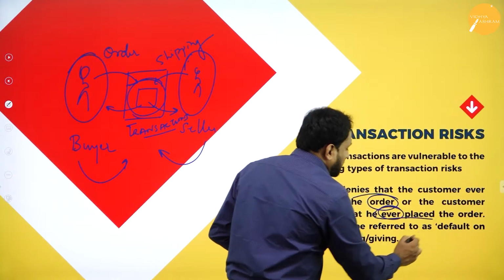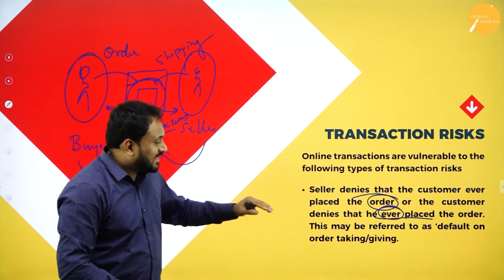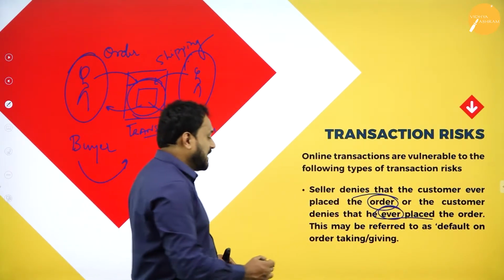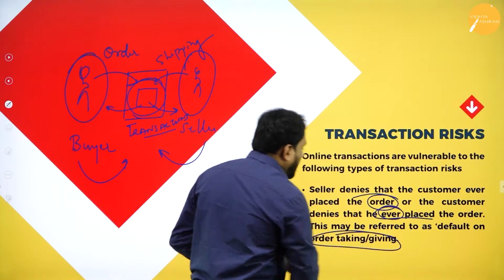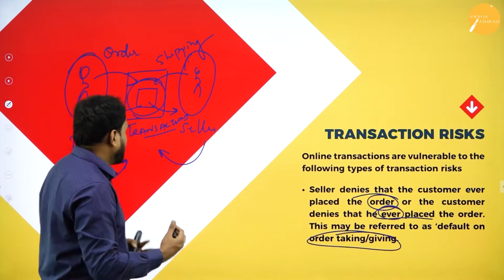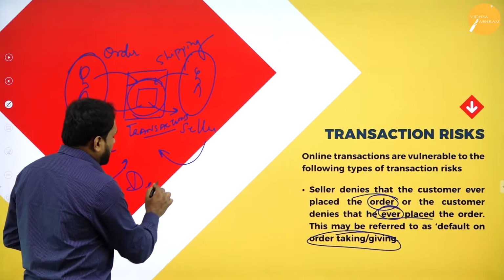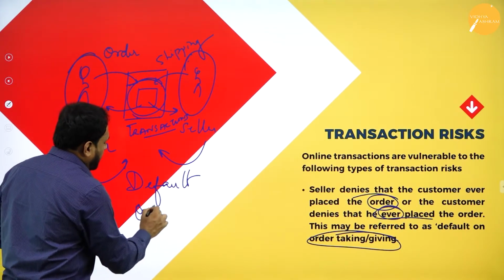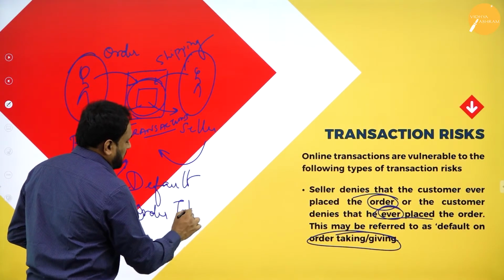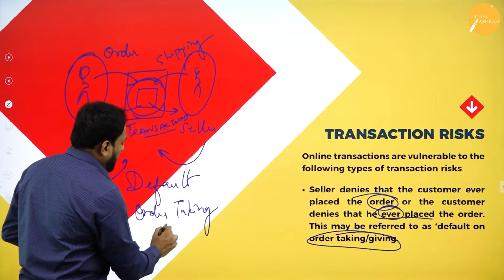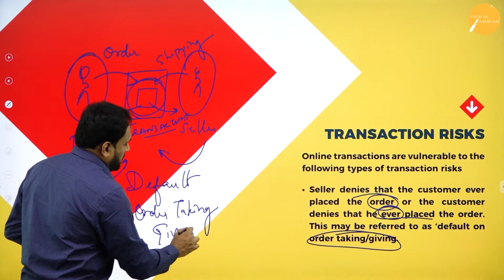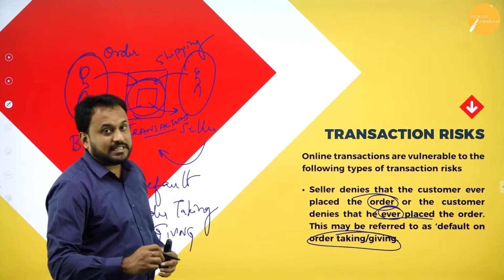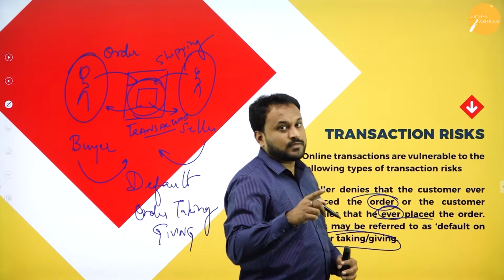So this may be referred to as the default on order taking or giving. Now there is a default on order taking or giving. This is what usually happens in the transaction.